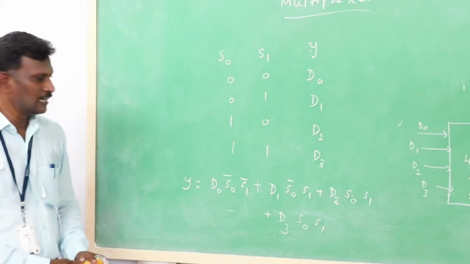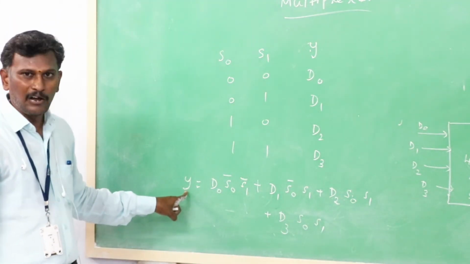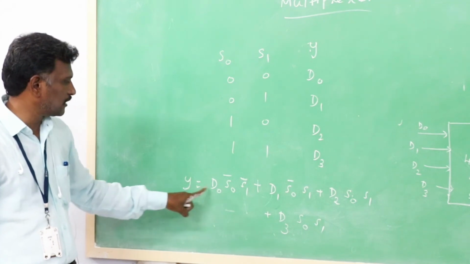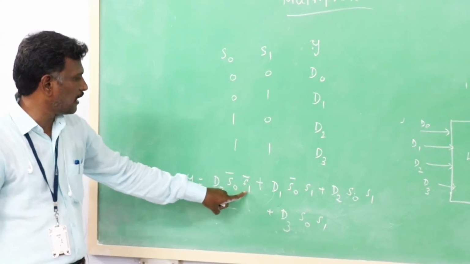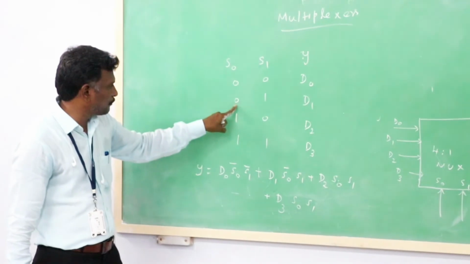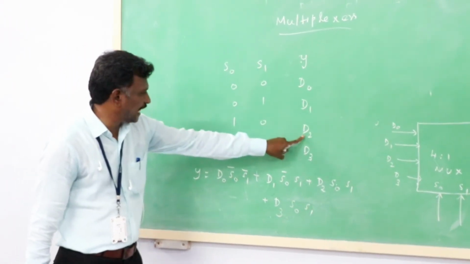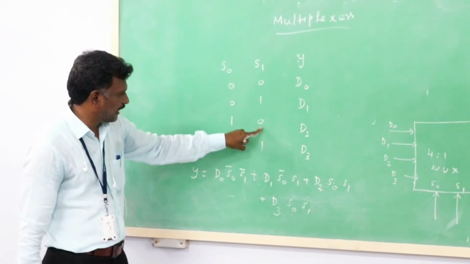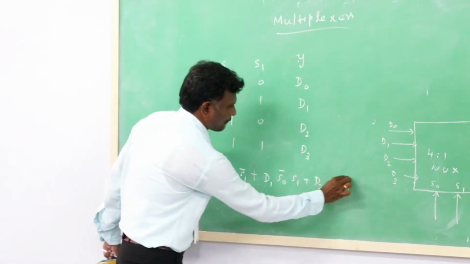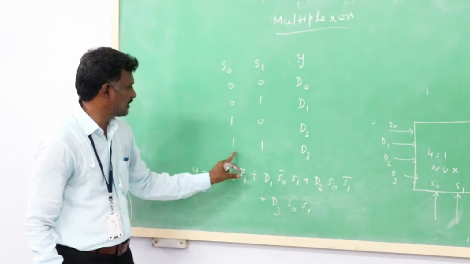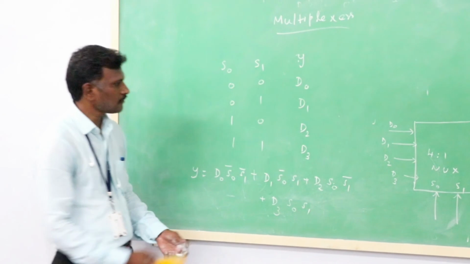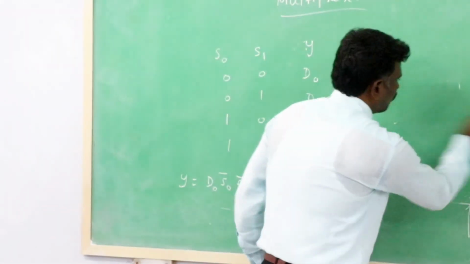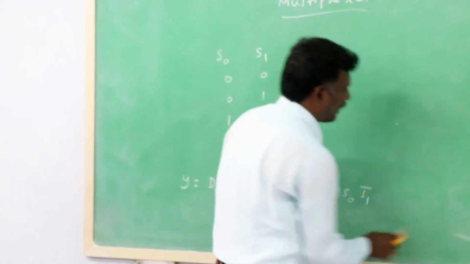So this is the final expression for the 4:1 multiplexer. Now you have to design the 4:1 multiplexer.